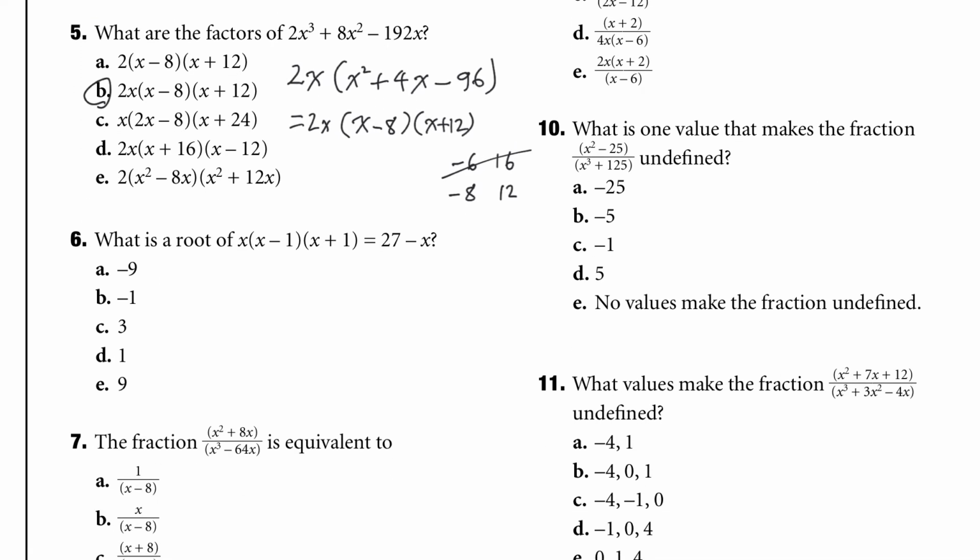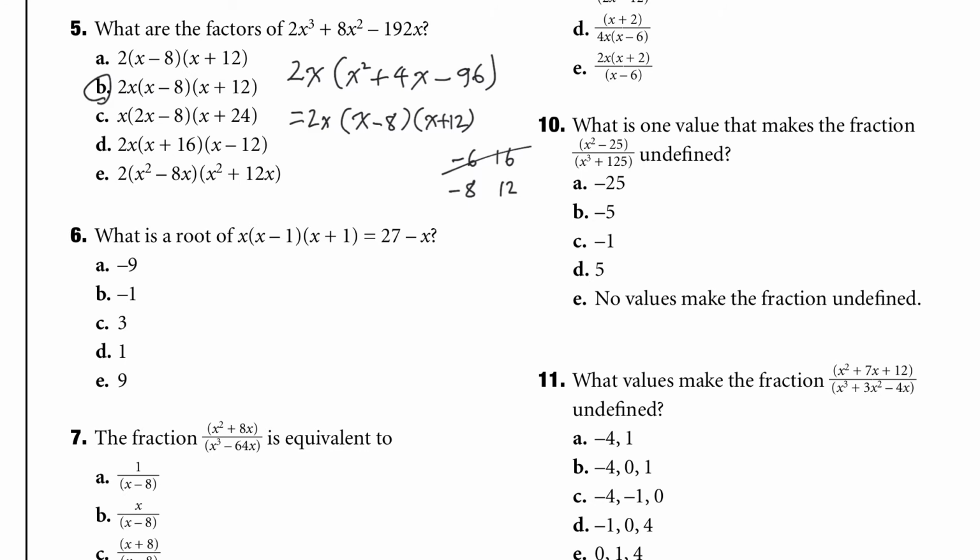What is the root of x times x minus 1 times x plus 1 equal to 27 minus x? Whenever we're looking for roots, we want to move everything to one side and set that equation equal to 0. So let's do that. I'm going to multiply the 2 brackets first, because that's simply a difference of squares.